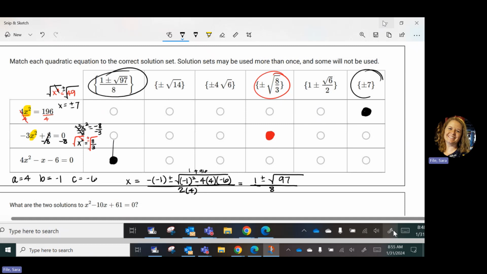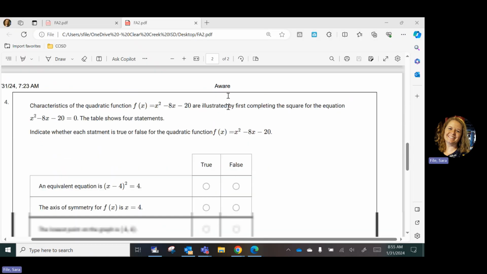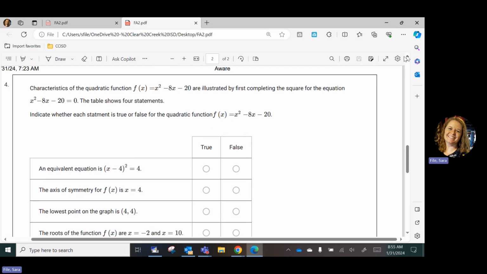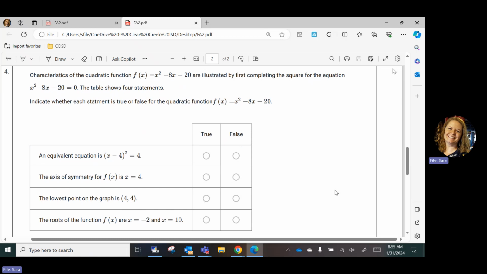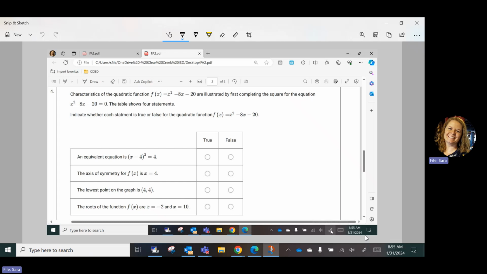All right. One last one from this FA. Number 4 was another multi-part question. So it says, the characteristics of the quadratic function x squared minus 8x minus 20 are illustrated by first completing the square.